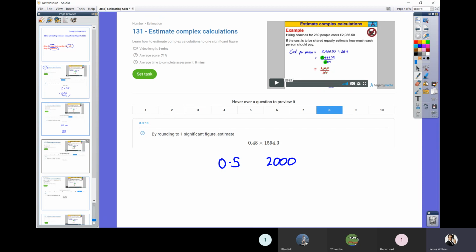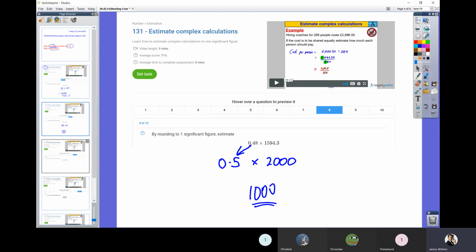Okay, that is one significant figure. So if any of you are going to get any of these wrong, I guarantee it will be question 8. 0.48 goes to 0.5. And then you've just got to say to yourself, what is 0.5? Well, that's half. So what's half of 2000? Well, half of 2000 is 1000.